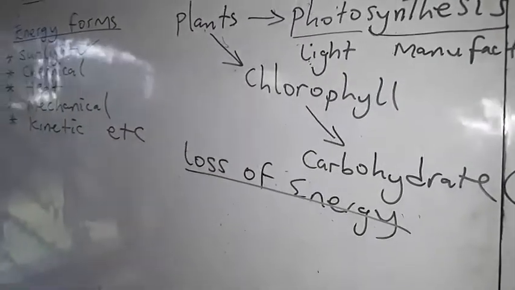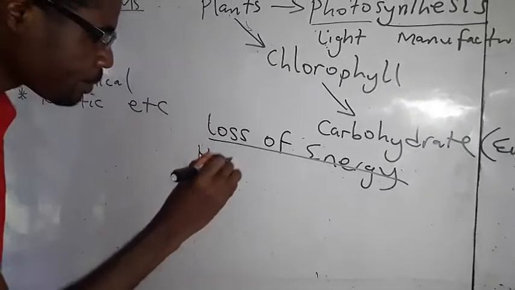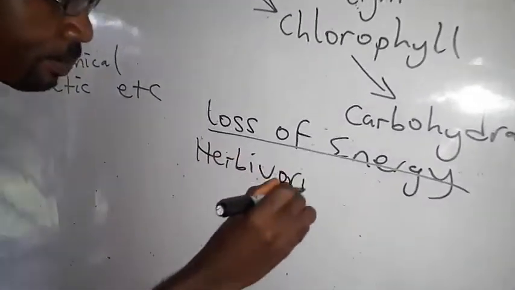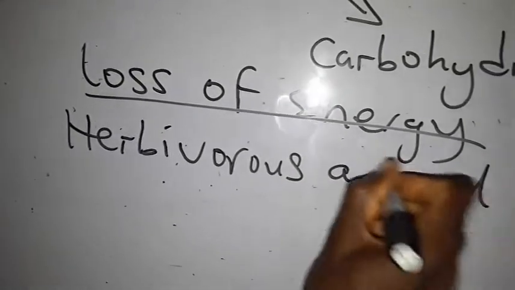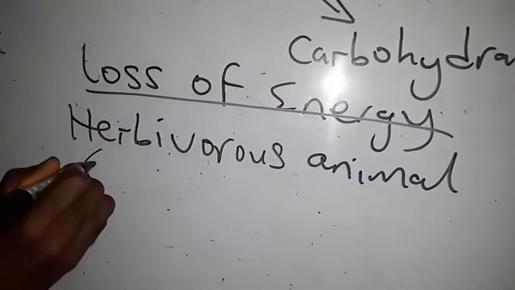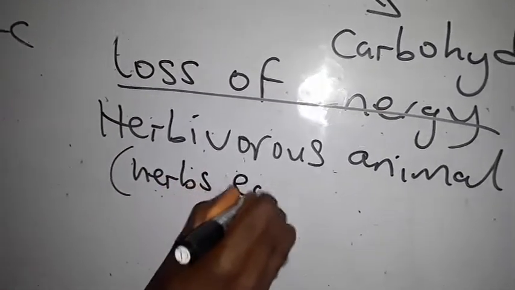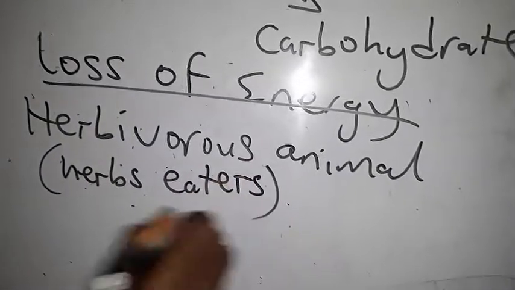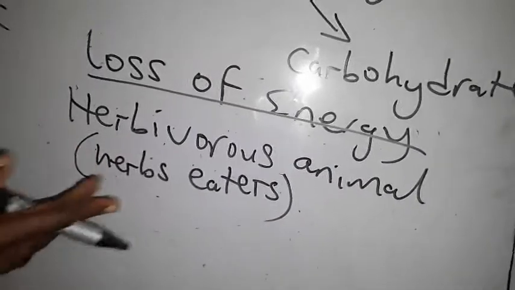For example, when herbivorous animals, which are animals that feed on what? Herbs. So when we talk of herbivorous animals, we are looking at animals that feed on herbs.